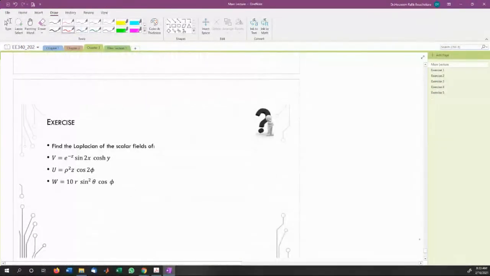Let's take for example this exercise. What is the Laplacian of V?